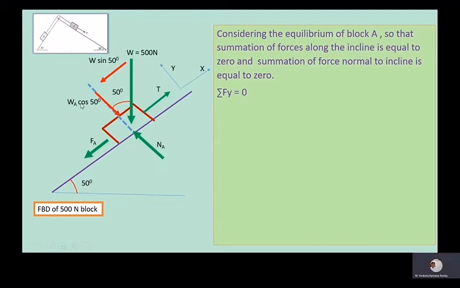NA, W, 500 cos 50. These two, NA normal reaction and 500 cos 50. Upward forces positive, downward forces negative. NA is equal to WA cos 50, WA value 500.